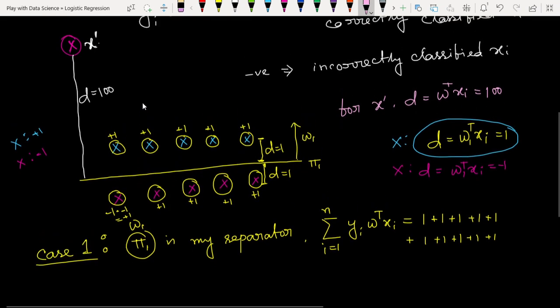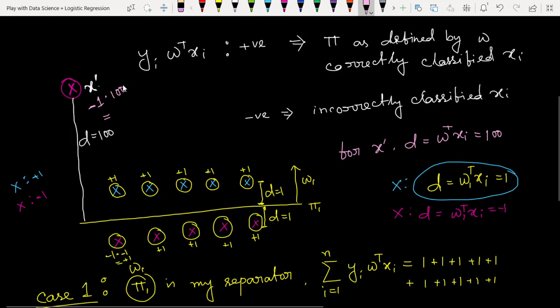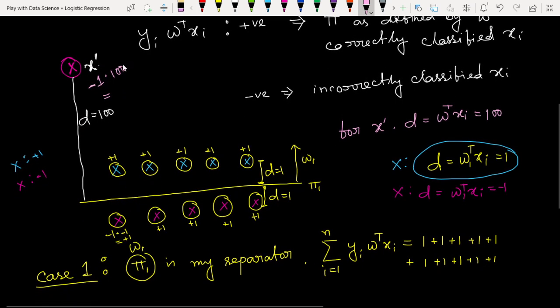What is the actual value? x dash is negative, that is yi is equal to -1 and the distance is equal to +1, and it is totally misclassified. We know if it is misclassified then yi times xi times w transpose will be negative, so here it is negative, -100.